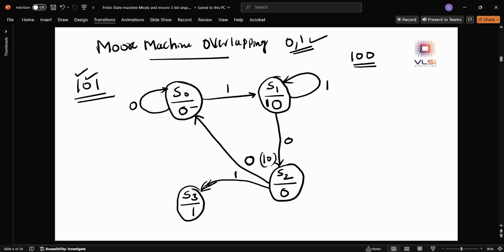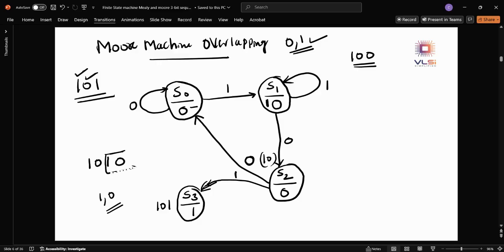For 1 0, first I need to check for two bits. These two bits are matching, so the last two bits can be the first part of the next overlapping sequence. Where you got 1 0, that is S2, so it should go to S2. And at S3, suppose I got 1 0 1 and next I get 1.